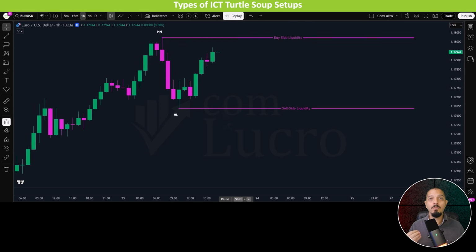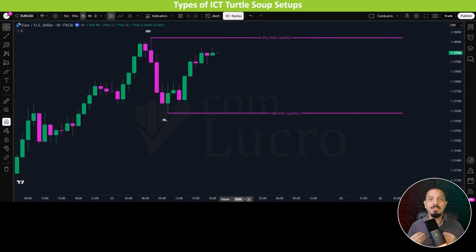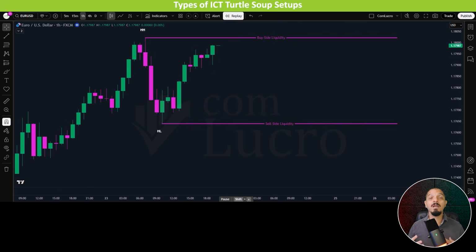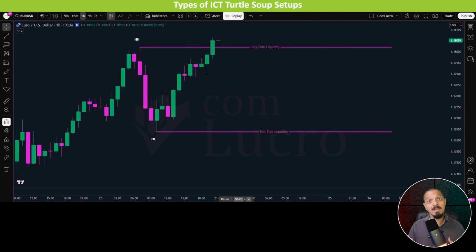In this scenario, your focus is buy-side liquidity resting above the recent highs, where short stops and breakout entries tend to accumulate. Price often makes a shallow pullback, sometimes not even forming a clear higher low, and then pushes above the previous high. This move sweeps buy-side liquidity above the high, triggering stops and attracting late breakout buyers.